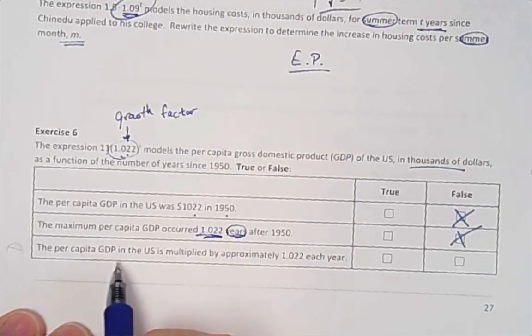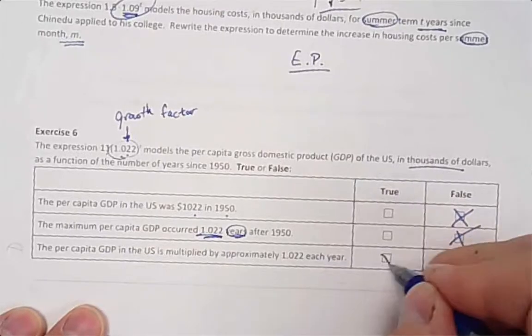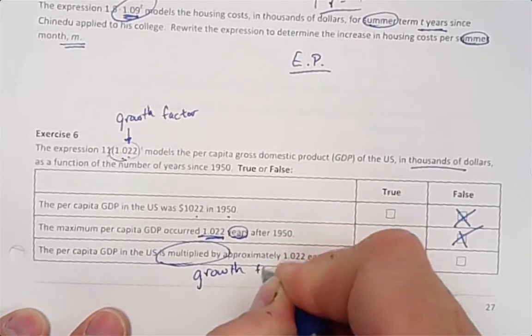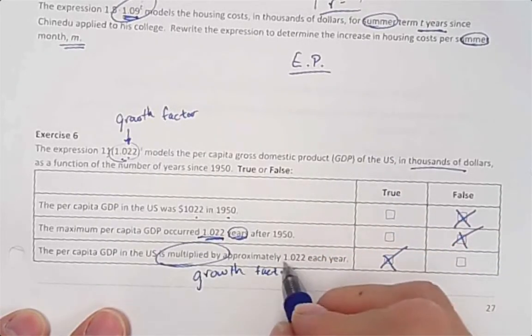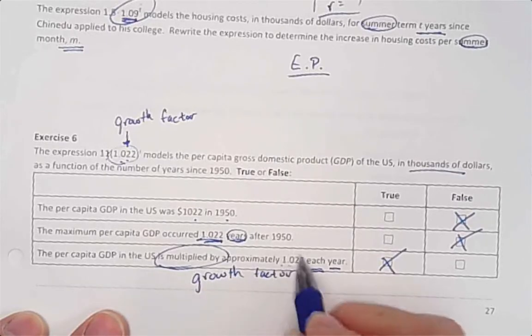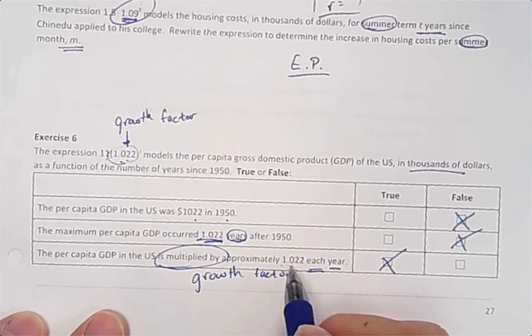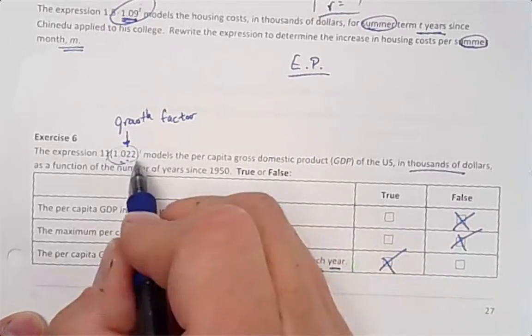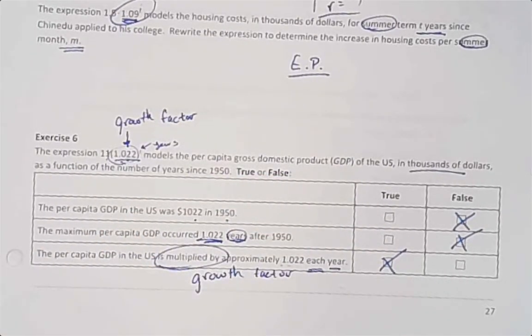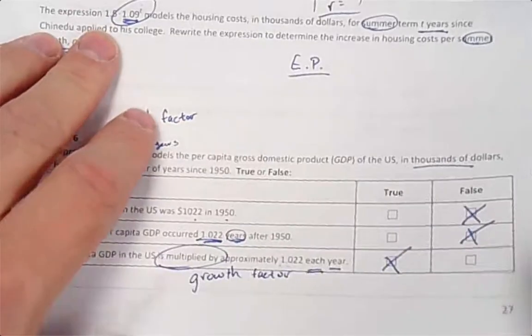The per capita GDP in the U.S. multiplied by approximately, boom, that's exactly right. Multiplied means growth factor. So we've correctly interpreted that 1.022 each year. Each year is not a measurement of 1.022. This is still unitless because each year is taken care of with the t is years, but the growth factor is not. So false, false, true.